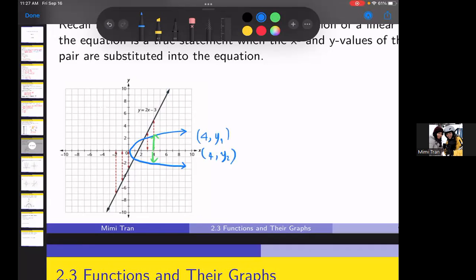It could be any value. I don't know what it is, but x is repeated. That's bad. Not a function.